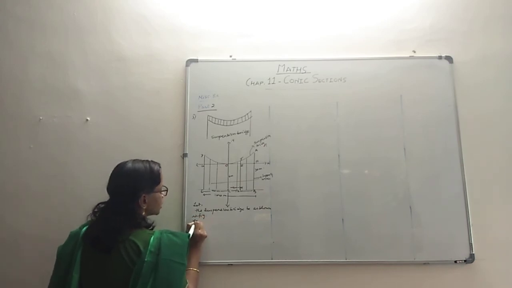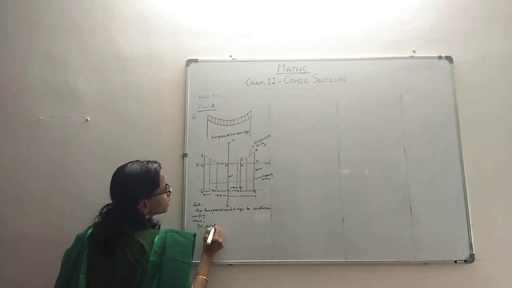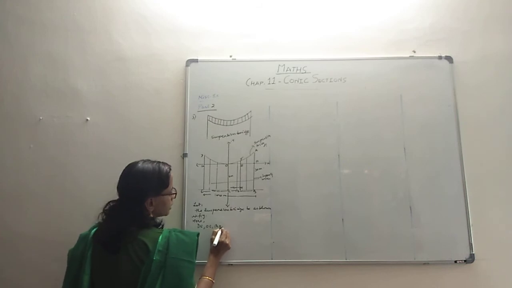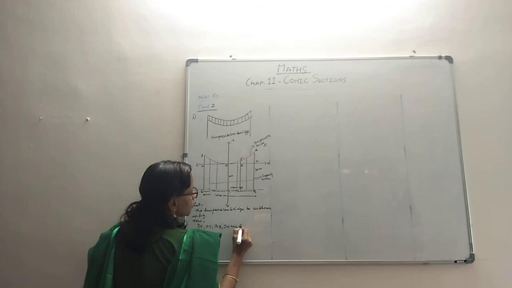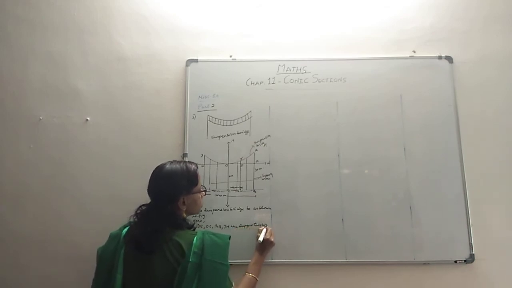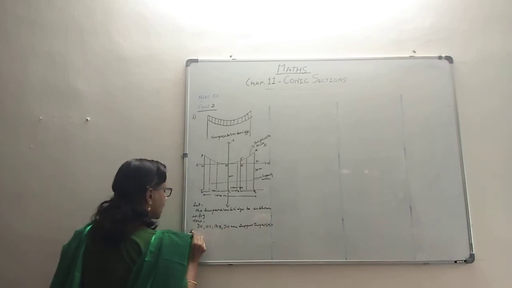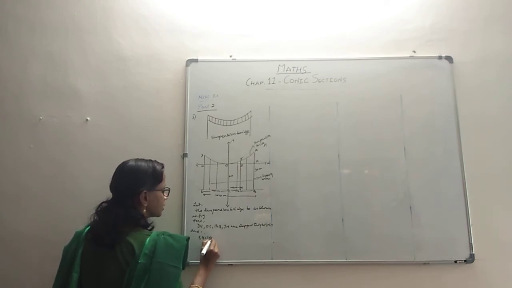And what all things are there here? DE, OC, AB, JH are supporting wires. And what do we have? We have EB as 100.